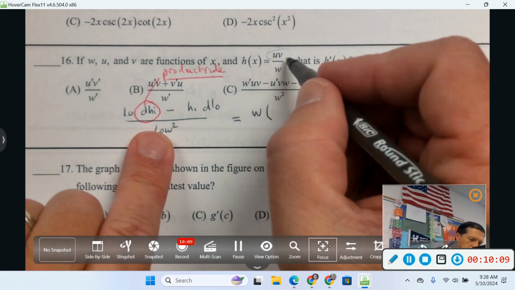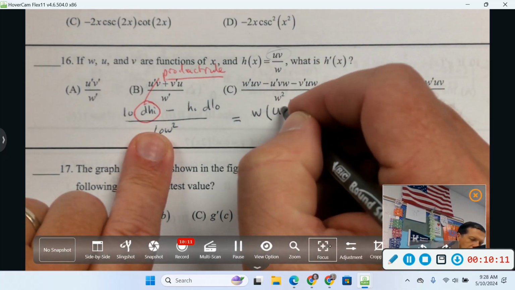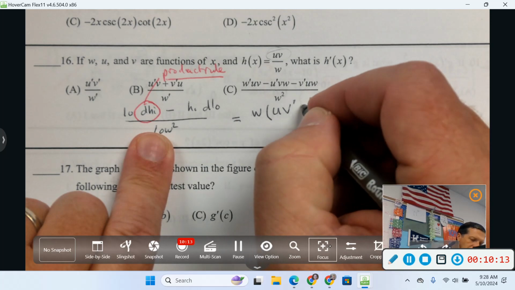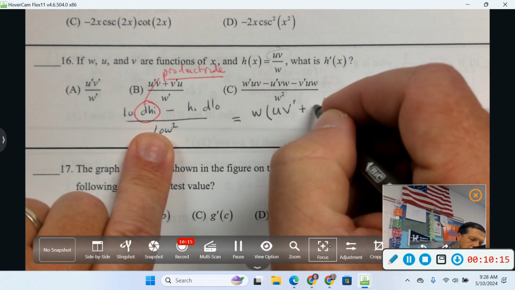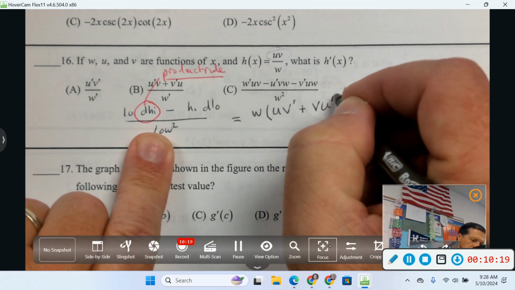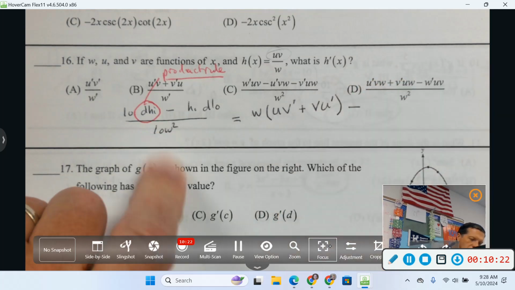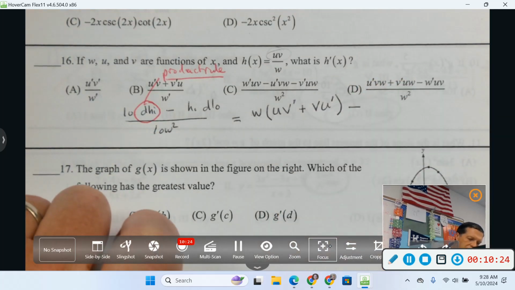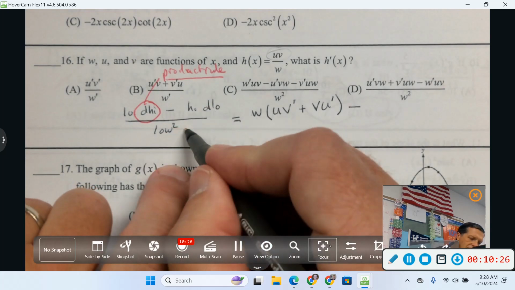So the product rule on UV would be first times derivative of the second plus the other way around, second times derivative of the first. And then minus high d low.